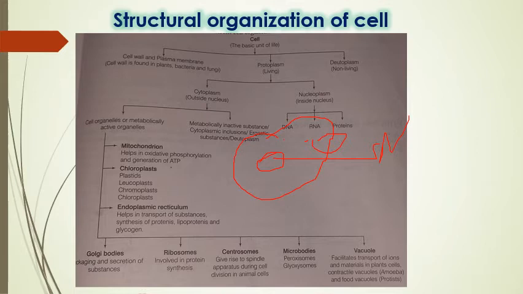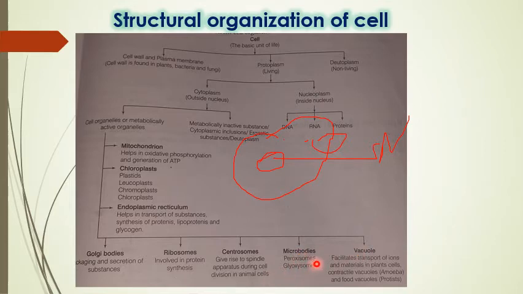What is the function of Golgi bodies? They do packaging and secretion of substances. Ribosomes help in protein synthesis, and the centrosome gives rise to spindle structures during cell division in animal cells.